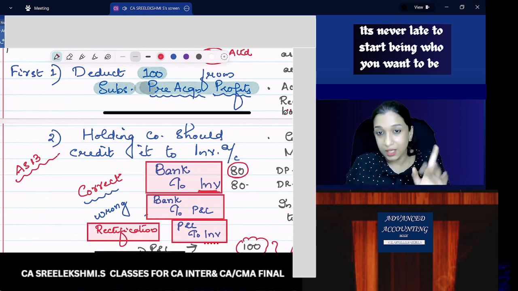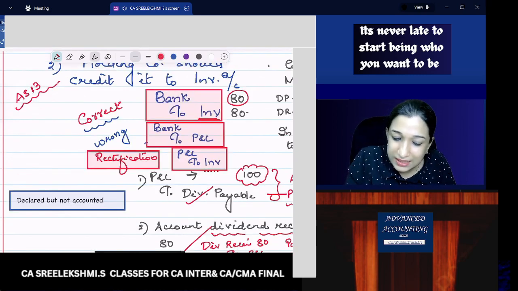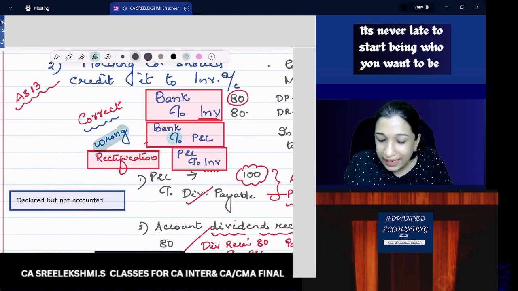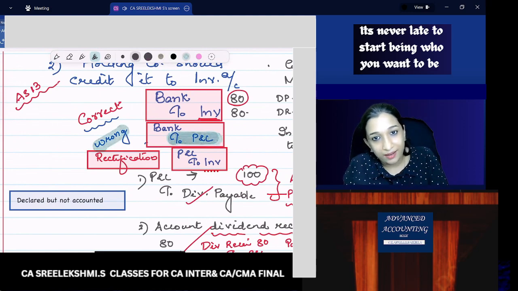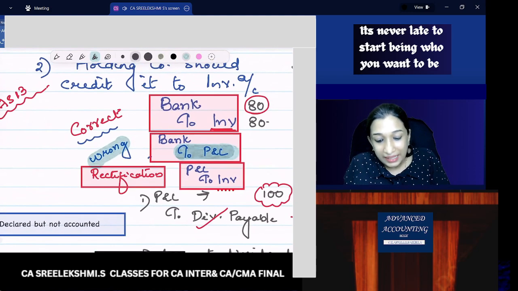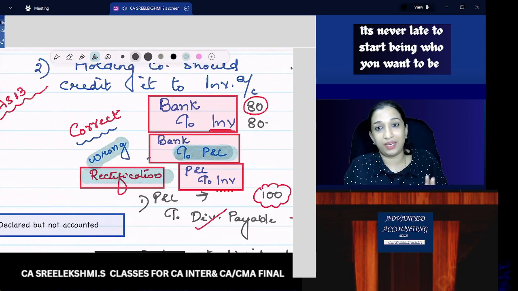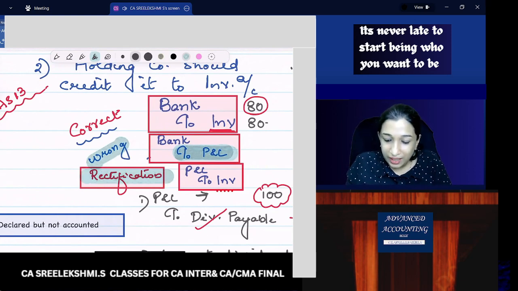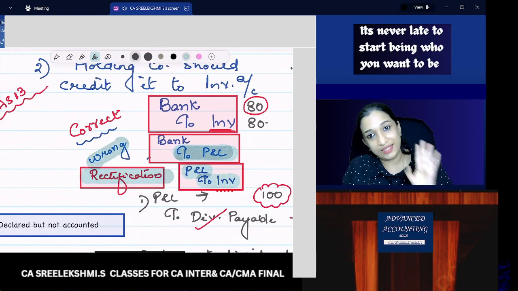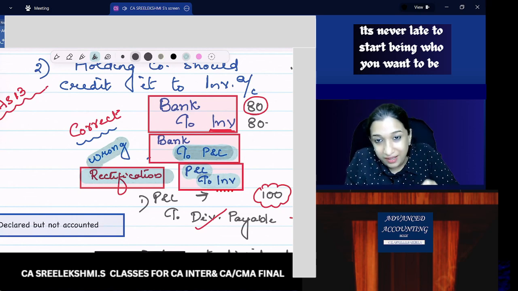No more adjustment. Sometimes in the question they will say the holding company has wrongly credited it to P&L. Then what should you do? Pass the rectification entry. What is the rectification entry? P&L to investment. So the holding company's profits should be reduced.